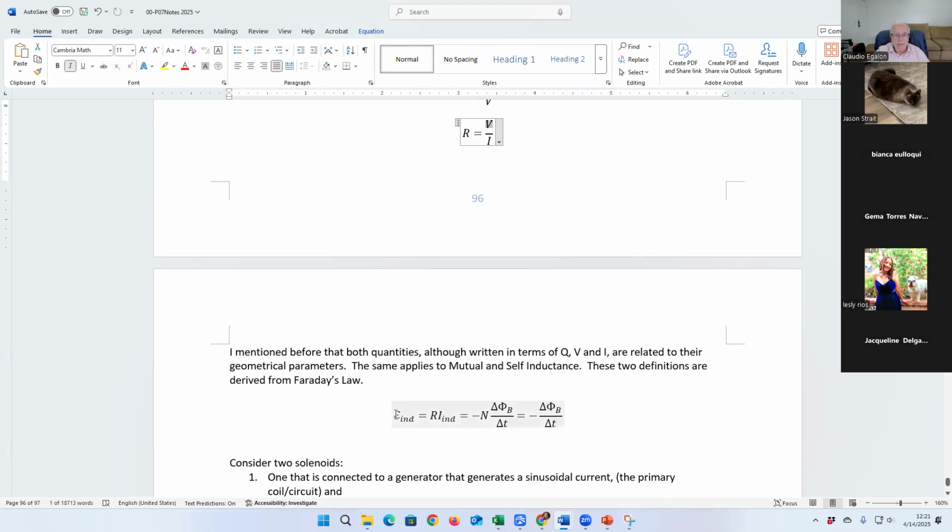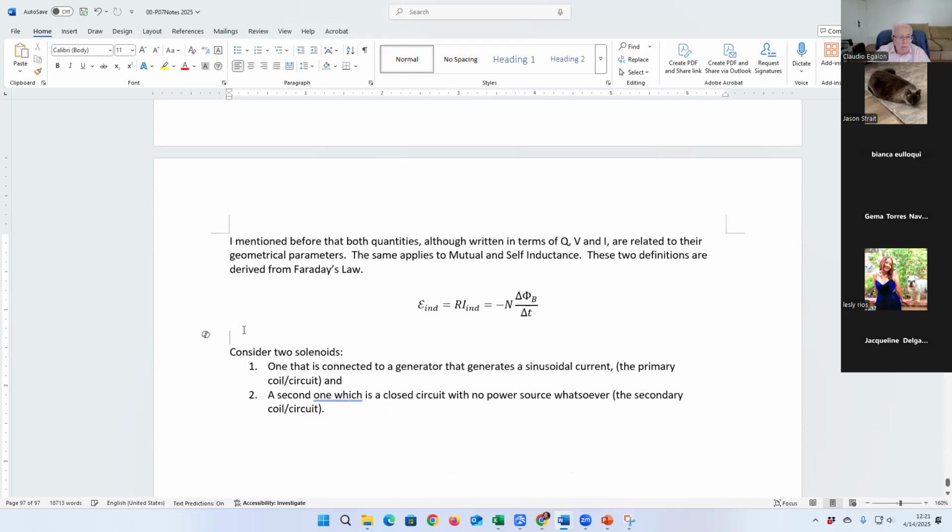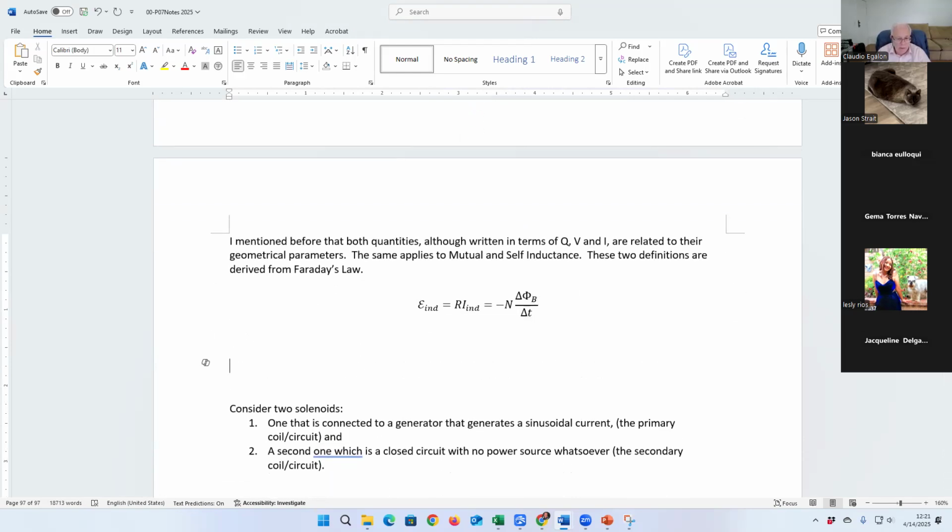There is a very close parallel between those three quantities. Also recall what I said at the beginning of the course.